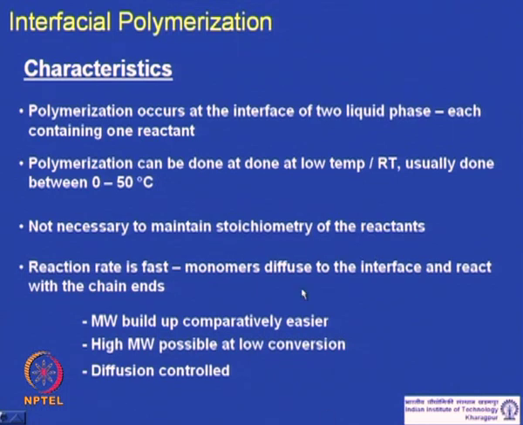So, it is comparably much easier to build molecular weight, and as the monomers are getting added at the end of the chain, high molecular weight is even possible at low conversion, unlike the normal polycondensation or step polymerization process. And because diffusion is slower compared to the actual polymerization reaction, these polymerization reactions are often diffusion controlled.